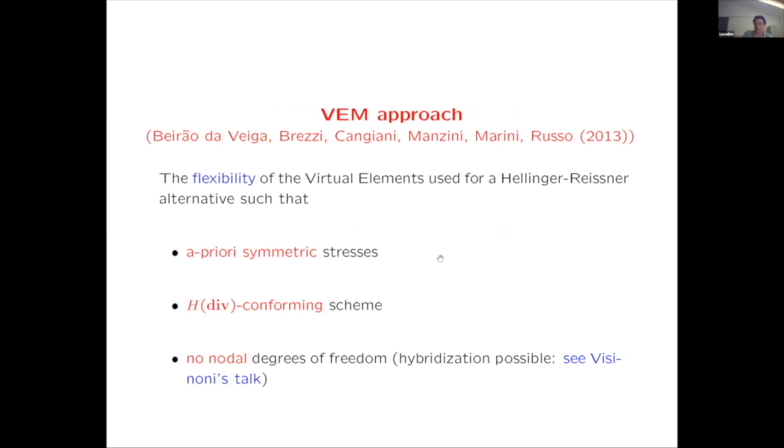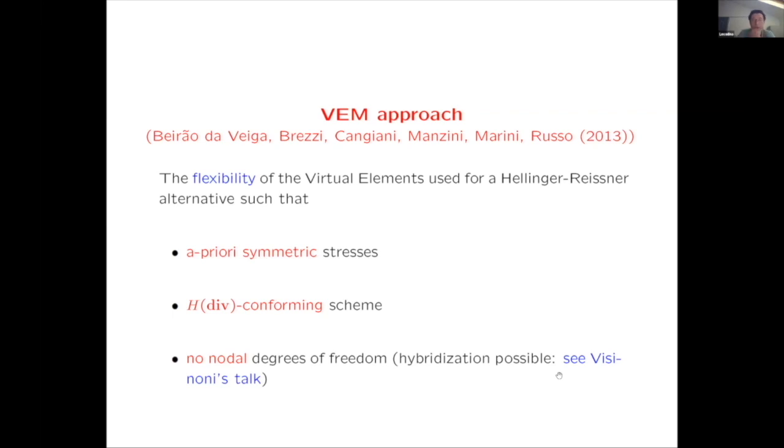The method has the natural conformity, so it's H(div) conforming, and possibly you will not have degrees of freedom at the vertices of the polygons in such a way that it is possible to hybridize the problem. And in this respect, there will be soon a talk by Michele Visinoni.